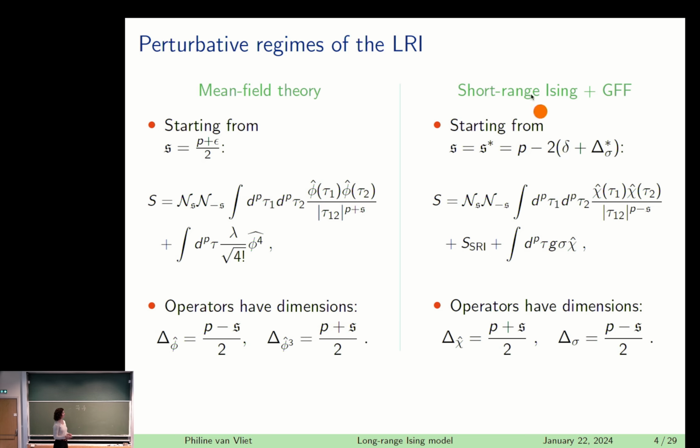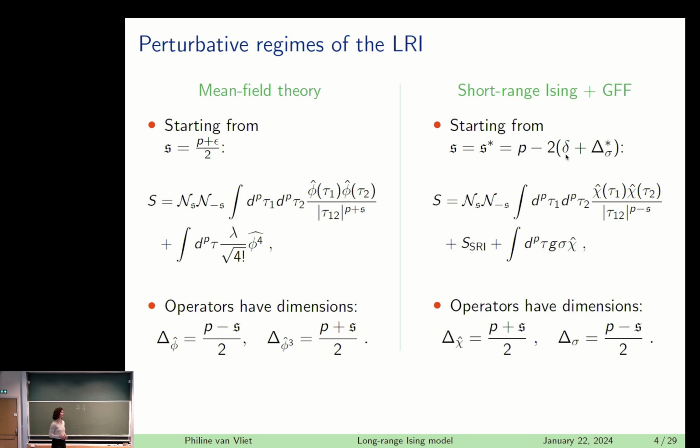Okay. So from the other end, we don't start from a free theory, but from a different point of view, which was initially thought to be the short-range Ising model. But it turns out that it's actually the short-range Ising model coupled to a generalized free field. And in this case we start from some value S star that is given by this formula here, and we can perturb it for small delta.